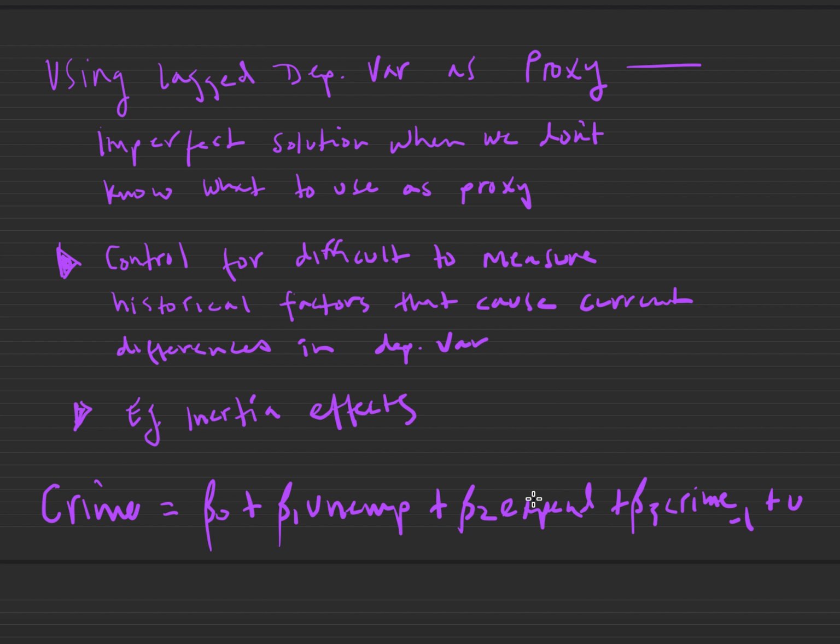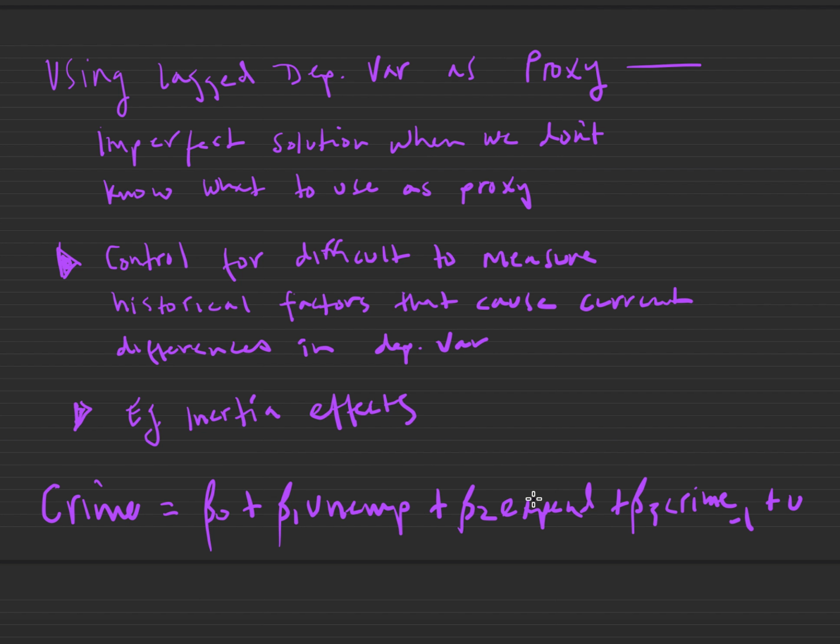So we want to bring this in so that we can control for these unobserved factors and help with the omitted variable bias problem so that we can get unbiased and consistent estimates of beta 1 and beta 2.